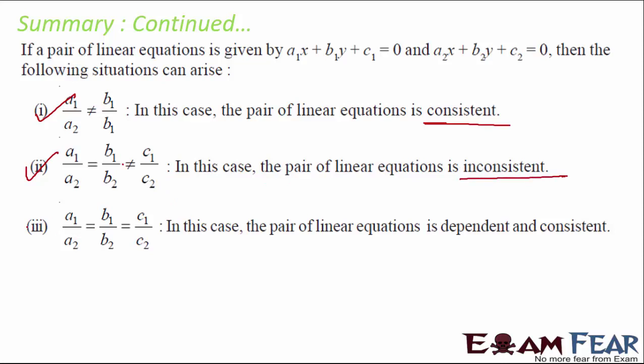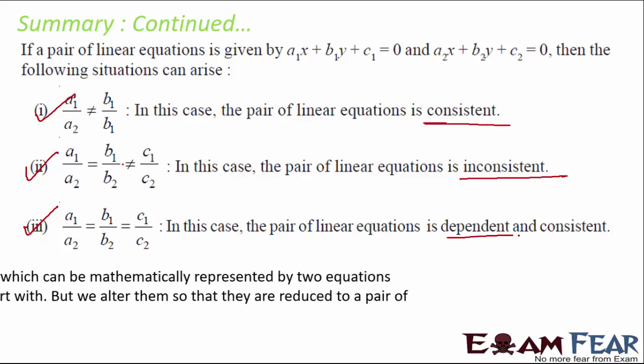And if all of them are equal, it is dependent and consistent. Inconsistent means no solutions exist. Consistent means they have just one unique solution. And dependent and consistent means they have infinitely many solutions, right?